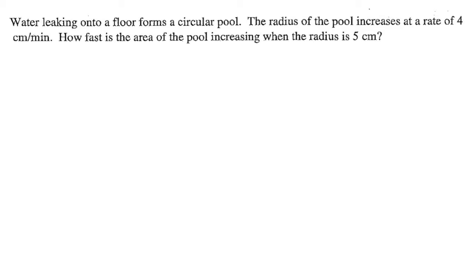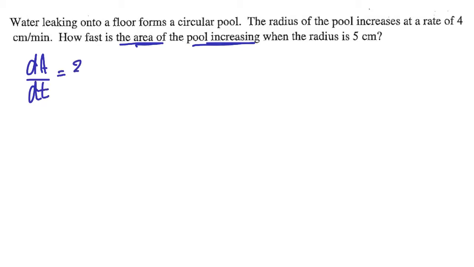So the first thing I would do would be, well, what is it even asking for? So here, how fast is the area of the pool increasing? So notice it's not what is the area, but how fast is the area increasing. So really what we're looking for would be a dA over dt.